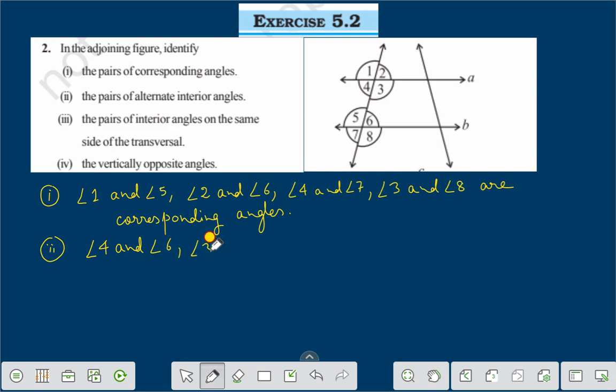Angle 4 and angle 6, angle 3 and angle 5 are alternate interior angles.